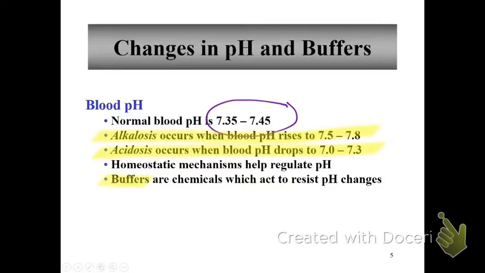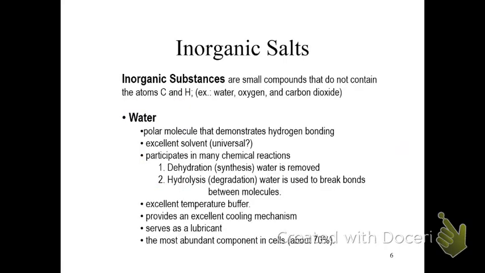I want you to know those numbers because that's important in your career. If someone's pH were to get as low as 6.8, so really just one number off, it could be fatal. Our body maintains that. This slide's just showing you that your blood does move around the inorganic salts.